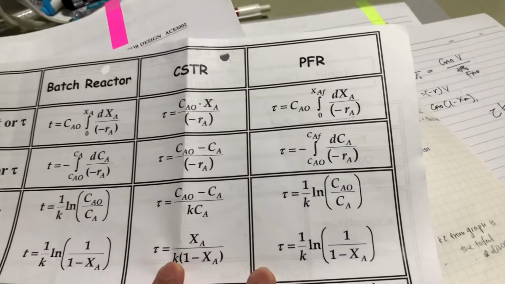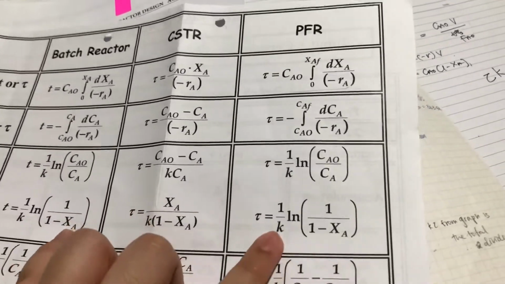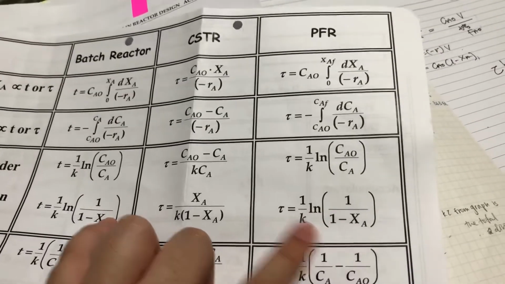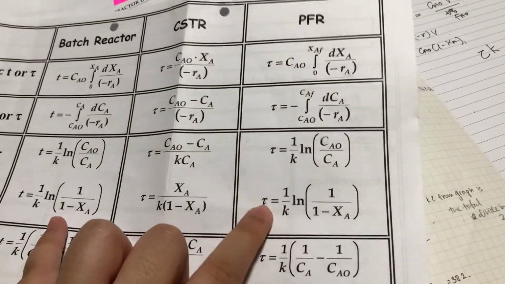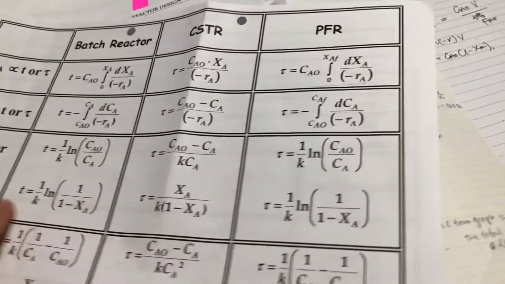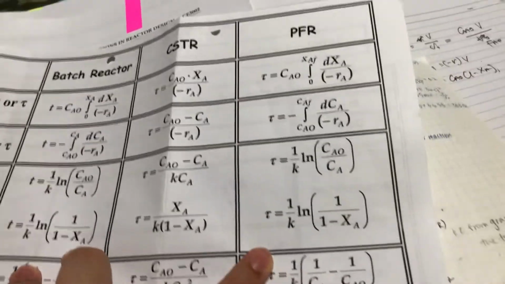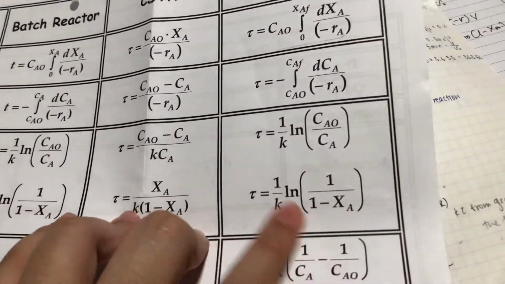And take note that PFR and batch for my first order, these two are the same, but I get different values. This is actually my tau, this is actually my time.